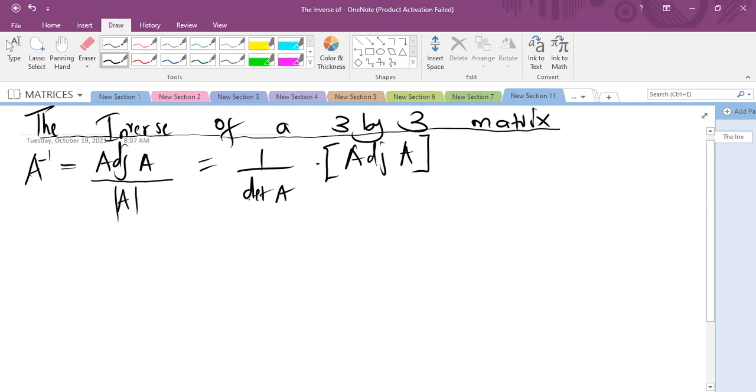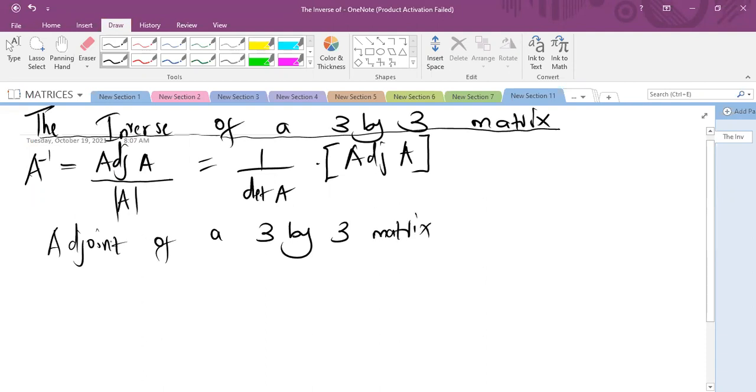That's what we have been looking at all the time. So basically, what is remaining is how to get the adjoint. Now, how do we go about getting the adjoint of a 3 by 3 matrix?